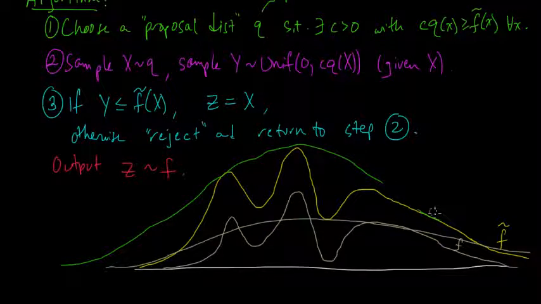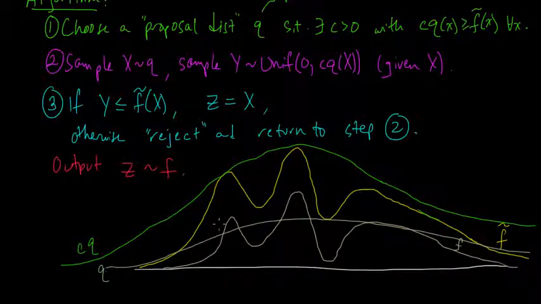It needs to be greater than F tilde everywhere. So maybe it's something like this. Okay, so this is Q scaled up. This is CQ, and that was Q. Okay, so it touches here. Maybe that's the best C we can get, the smallest C we can get. It touches here and it doesn't touch anywhere else.